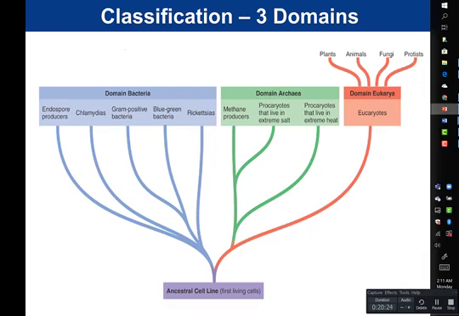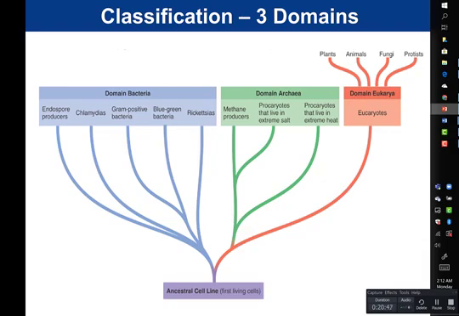We have blue-green bacteria. We have Rickettsias. The different types of bacteria can be very diverse. If we look at domain archaea, we have our methane producers. We have our halophiles, the ones that live in extreme salt. We have our thermophiles, the ones that live in extreme heat.